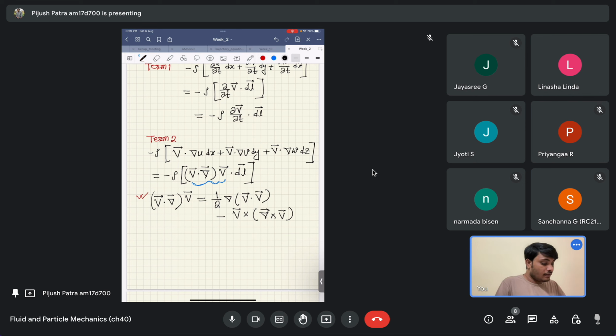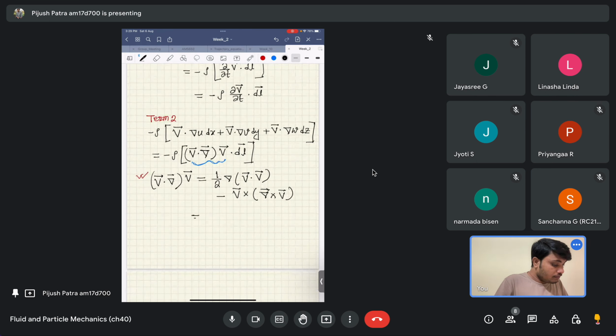So what is this term? This v dot v is what? Can someone tell me what is this v dot v? V dot v is simply v square, right?